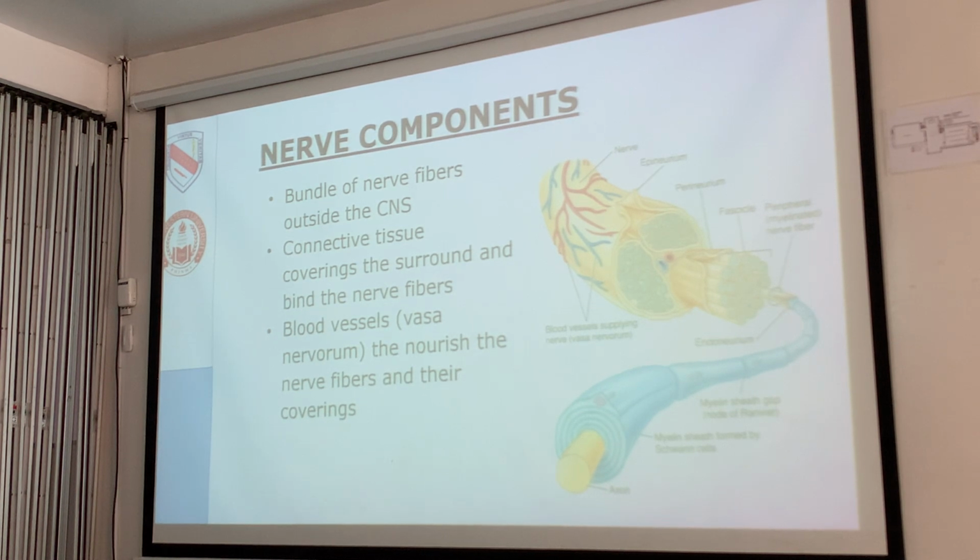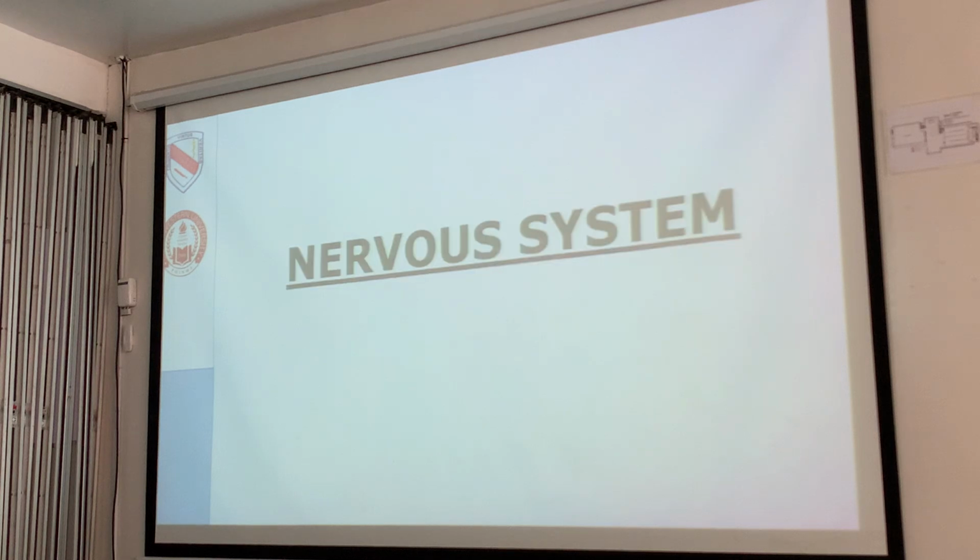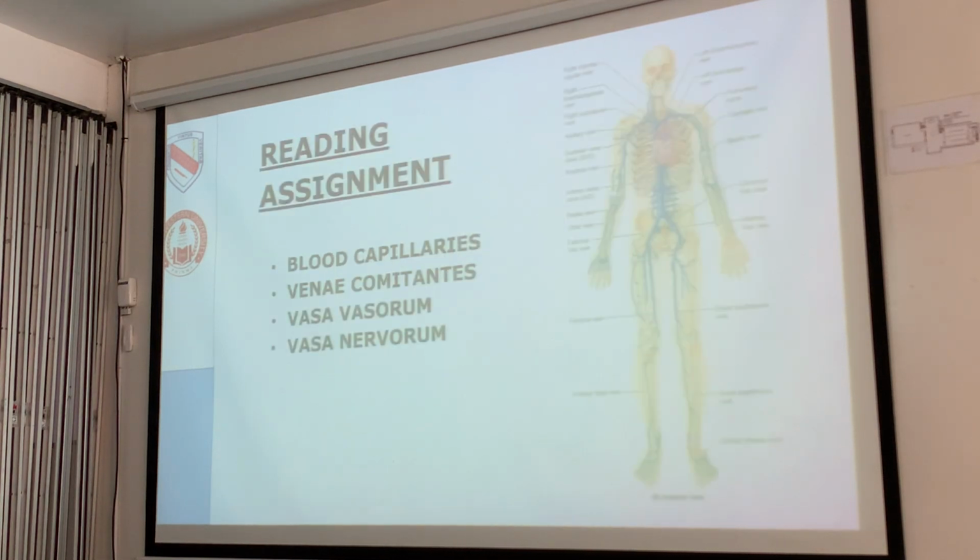So if your vasa nervorum is the blood vessel of your nerves, then what would be your reading assignment? What would be this vasa nervorum? By the name itself, vasa nervorum: blood vessels of the nerves.